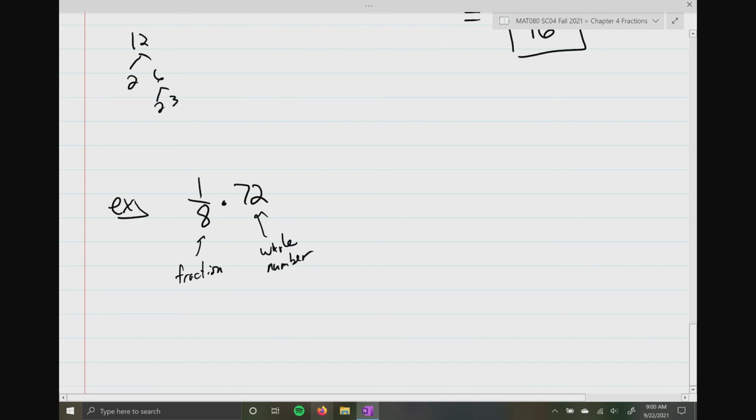But here's one of the things about whole numbers. You can make any whole number a fraction you want. All you have to do is put the number 1 underneath it. Now you've got a fraction times a fraction.